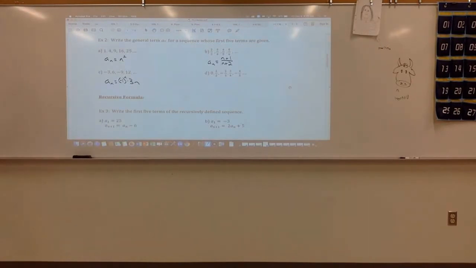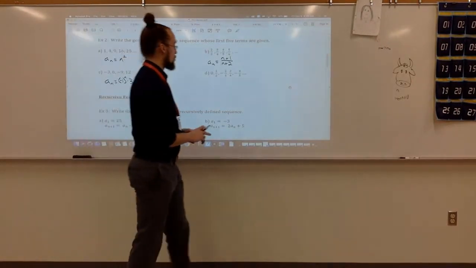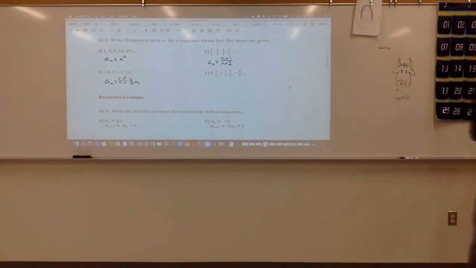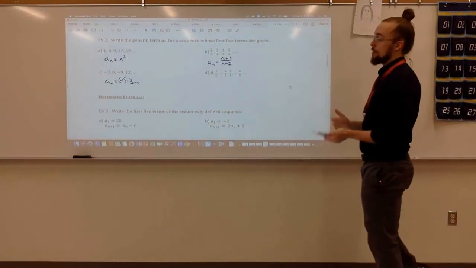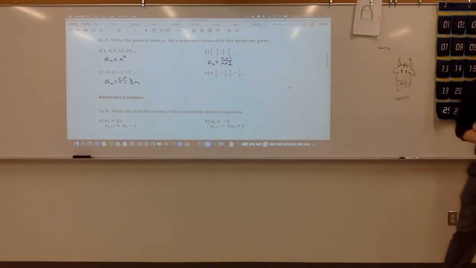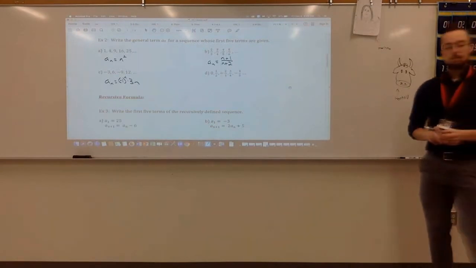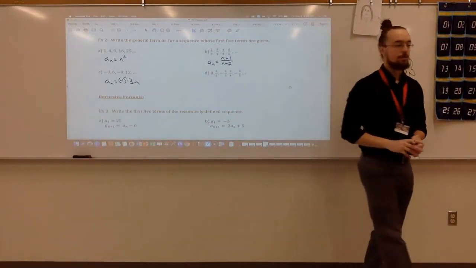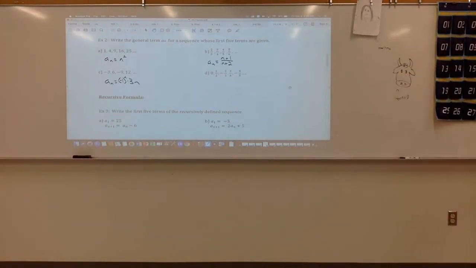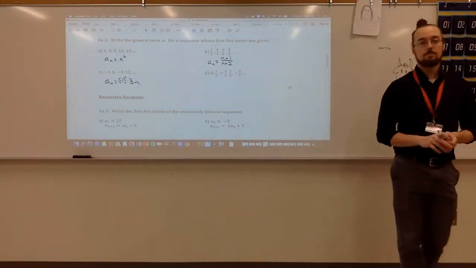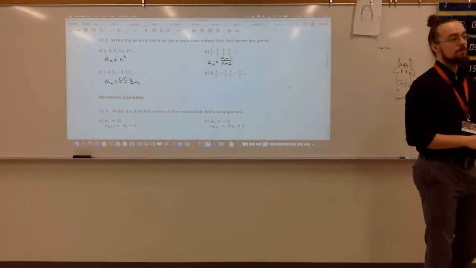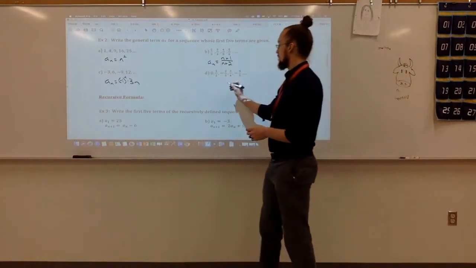Okay? So in D, again, we have alternating signs here. I want my first value to be 0, then 1/2, then negative 2/3, 3/4, negative 4/5. So what could we do here for this one? Well, let's try it.